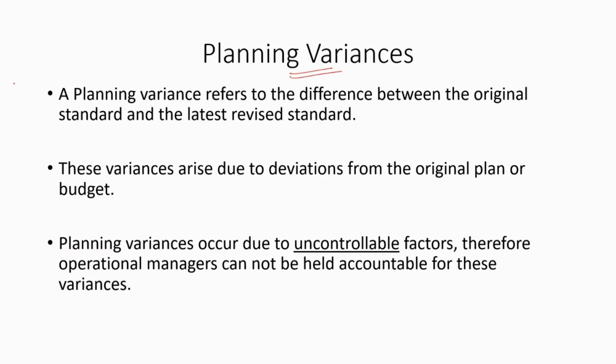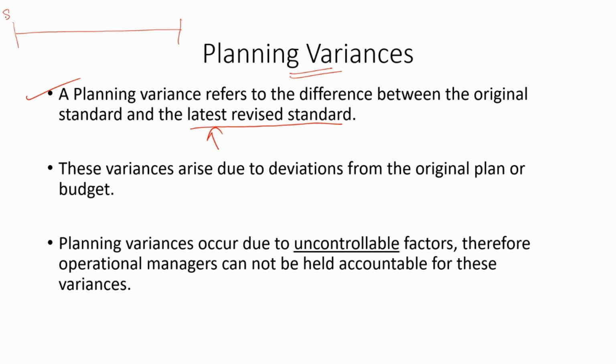Planning variances. A planning variance refers to the difference between the original standard and the latest revised standard. This is important: latest revised standard. Latest means this is the final revision of the budget, because companies can revise their budgets more than one time.